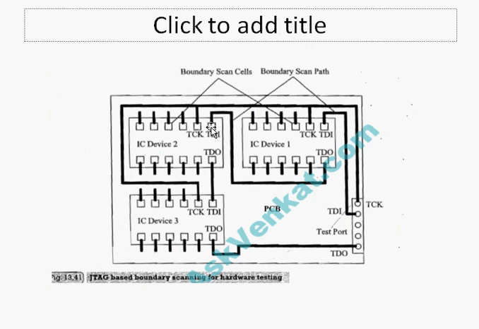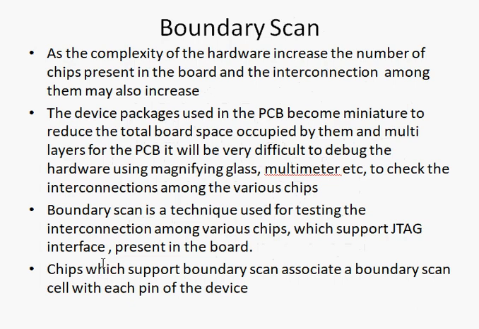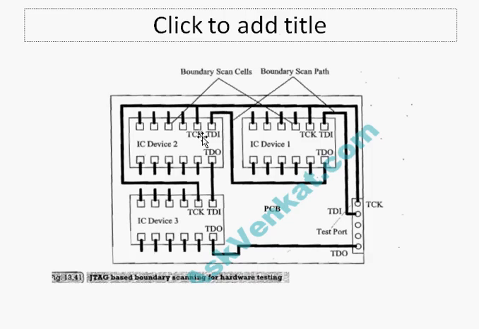For each pin there will be a boundary cell of defined size, and this cell will be different for different ICs. You call this a boundary cell. Chips which support boundary scan associate a boundary scan cell with each pin of the device. Each pin of the device would have a boundary scan cell.